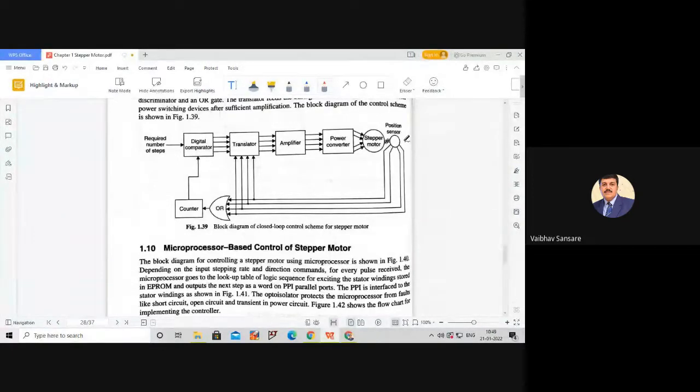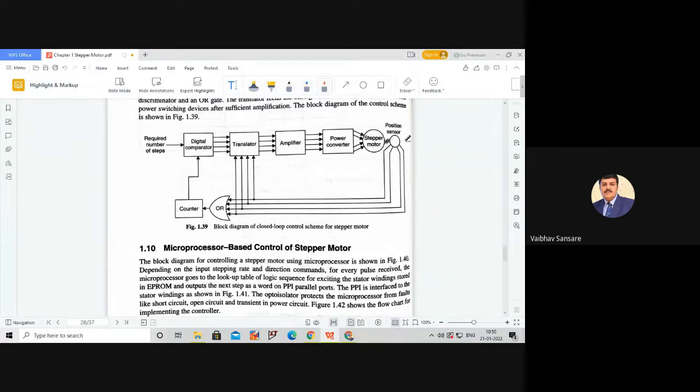This discriminator circuit generally consists of a position sensor. Now I think you are familiar with position sensors. This discriminator circuit generally consists of a thin opaque disc. What is meant by an opaque disc?